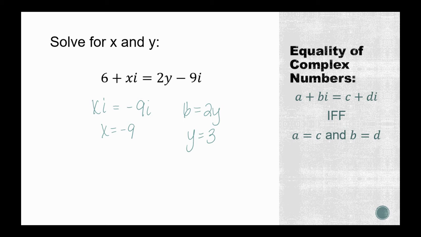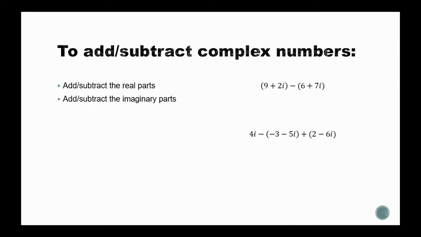The real part has to equal the real part. The complex part has to equal the complex part. Okay, we can also add and subtract them. It's the same idea. Combine like terms.